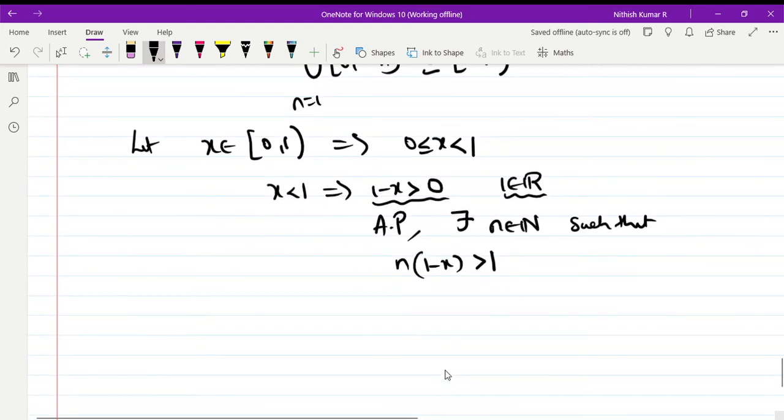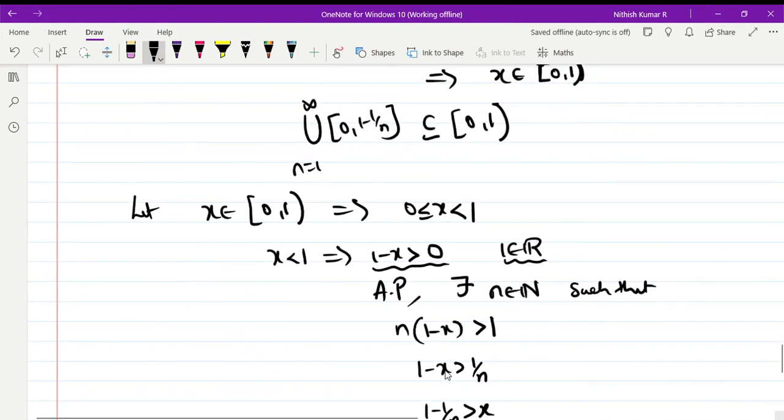Now rearranging, we get 1 - x is greater than 1/n, or 1 - 1/n is greater than x, that is x is less than 1 - 1/n.